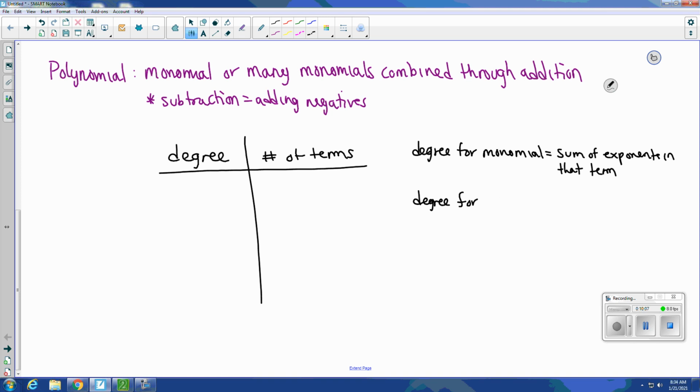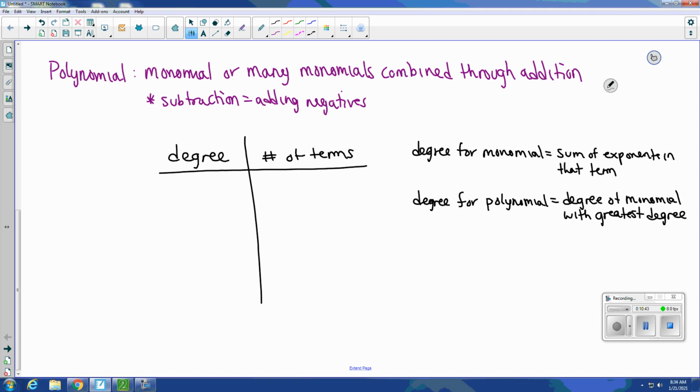So I should say the degree of the polynomial is equal to the degree of the monomial with the greatest degree. That sounds repetitive. Perhaps I could have written that better, but to identify the degree of a polynomial, we just want to look at each individual monomial. Which one has the highest degree? That is the degree of the polynomial.